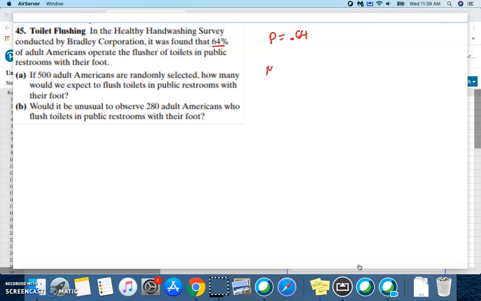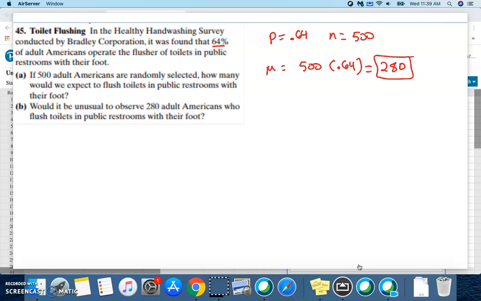That would be our mean. We know that n was 500, so the mean is going to be 500 times 0.64, and that'd be 280. So we get 280 on that.